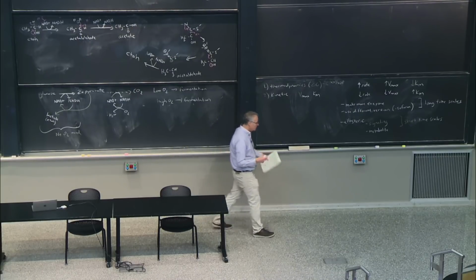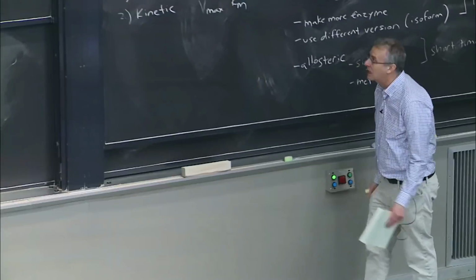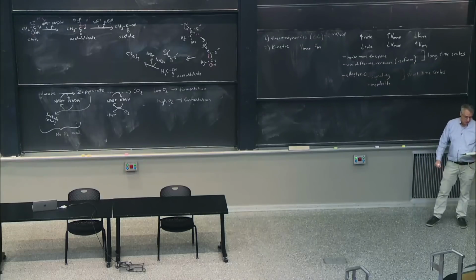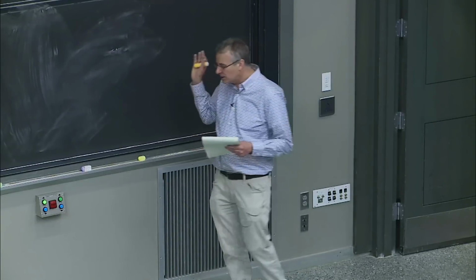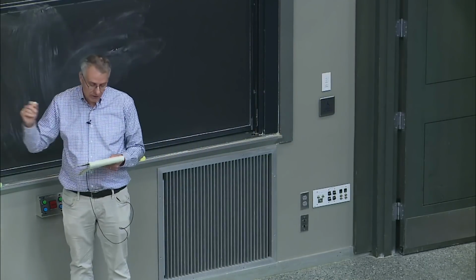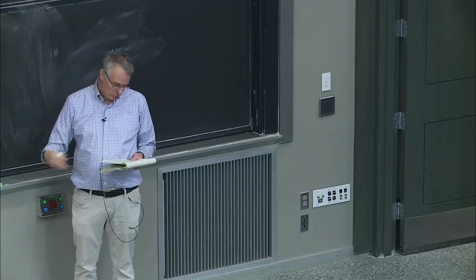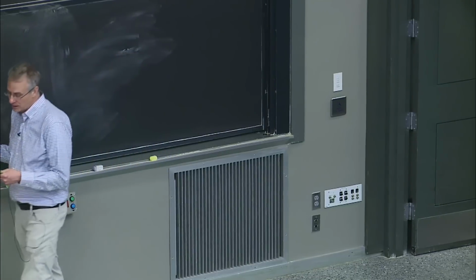All right. Now, with that in mind, let's discuss how we can regulate glycolysis using both short and long time scales, using really short time scales, allosteric regulation of glycolysis, in a way that makes it most useful to cells.